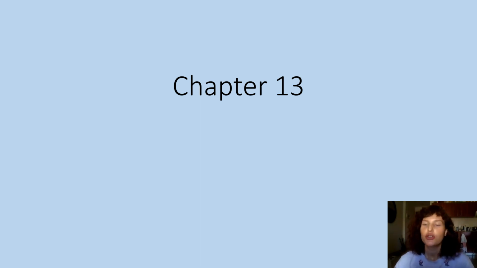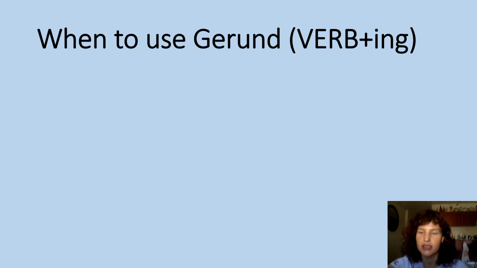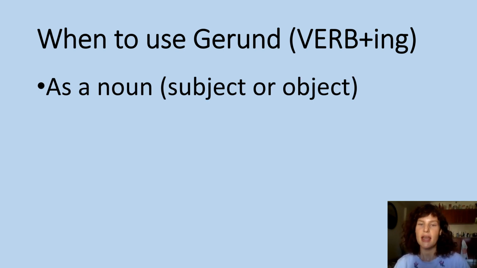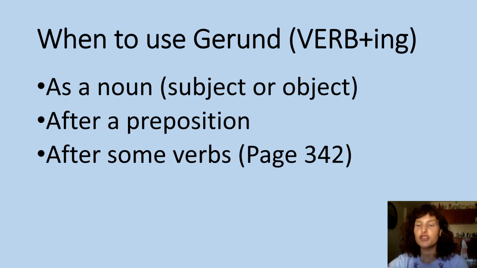Let's take a look. So what is the gerund? The gerund is verb plus ing, right? Going, walking, seeing, doing. We have three rules, or instances, where we would use the gerund. We use the gerund as a noun, so as the subject or object of the sentence. On the next slide, I'm going to give you some examples. We use it after a preposition, and we use it after certain verbs.